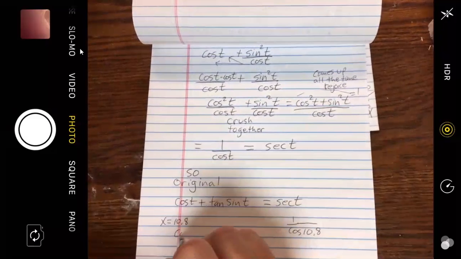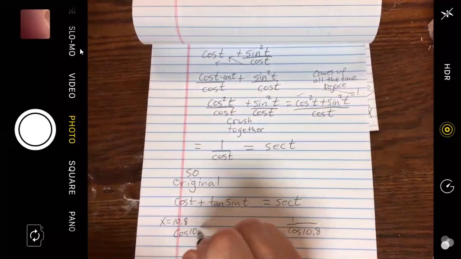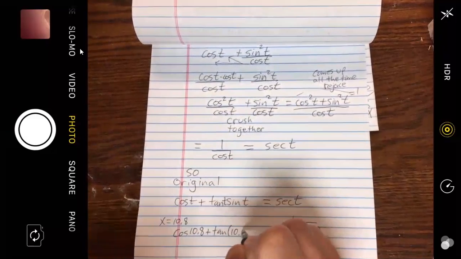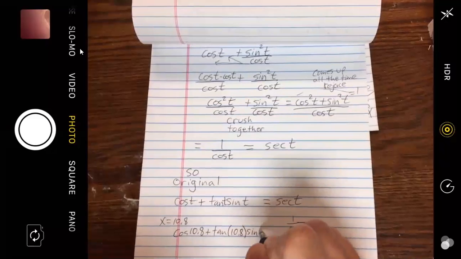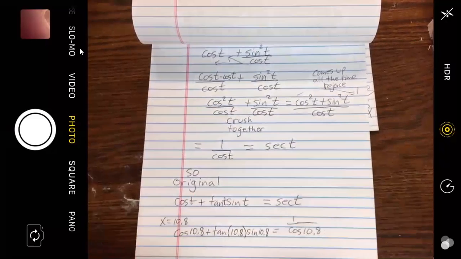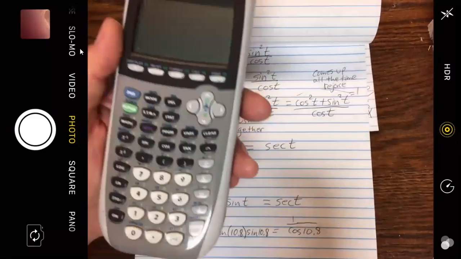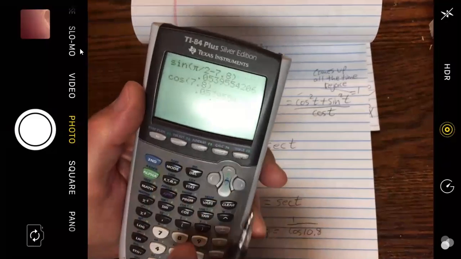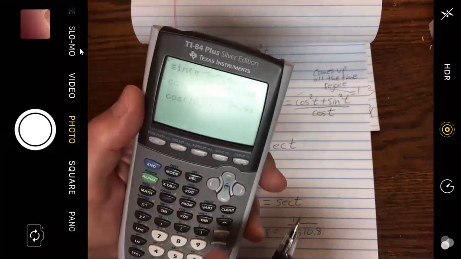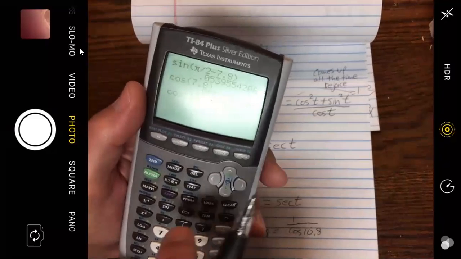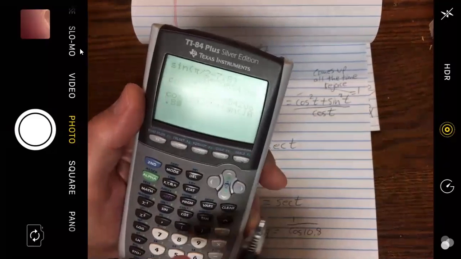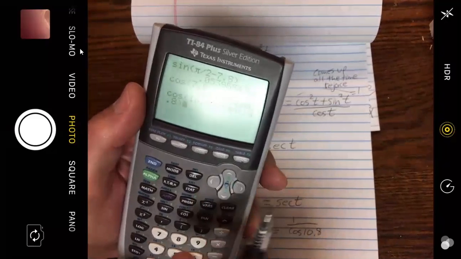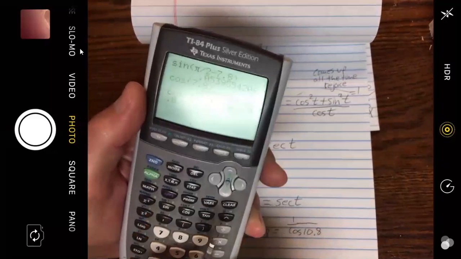This, you punch cosine 10.8, add tangent 10.8 times sine 10.8, just to give you some confidence in this.